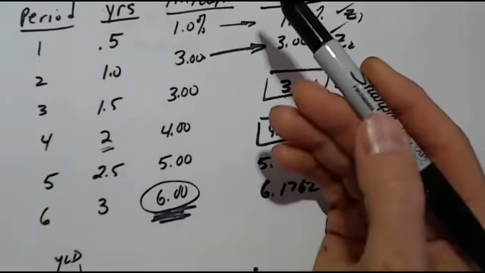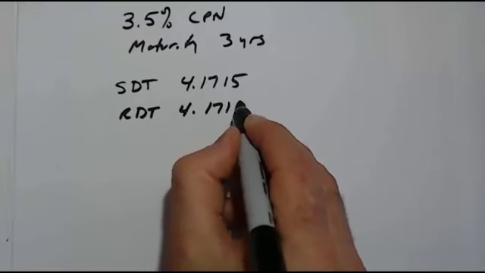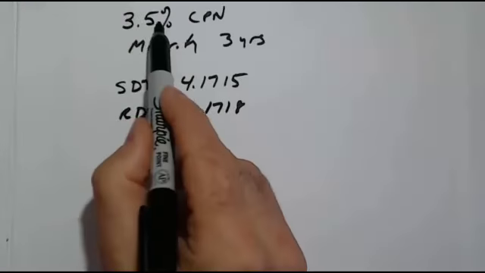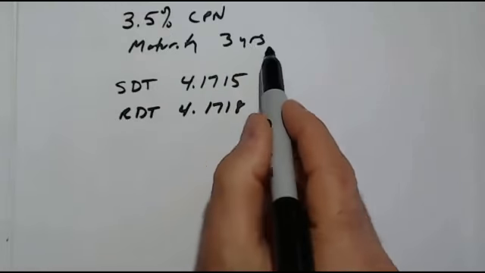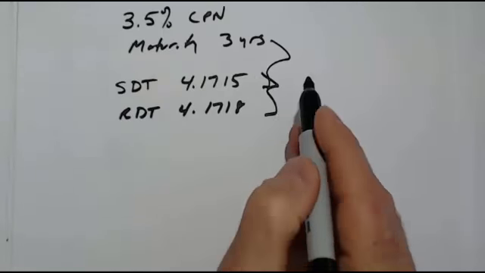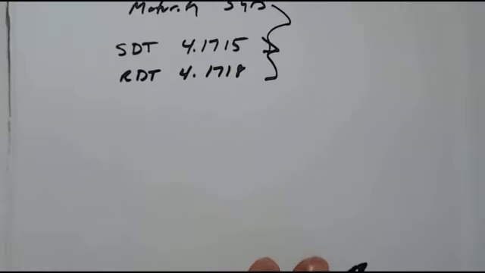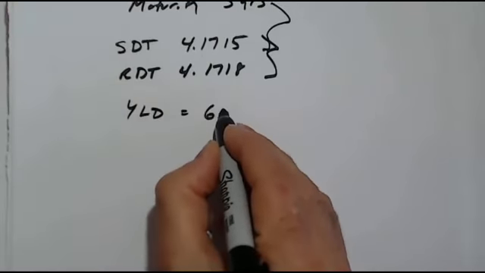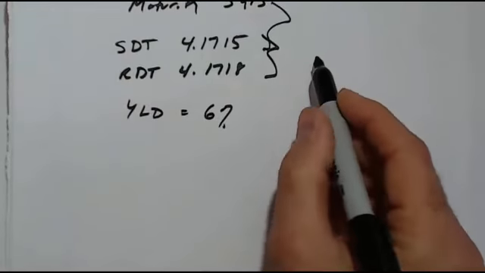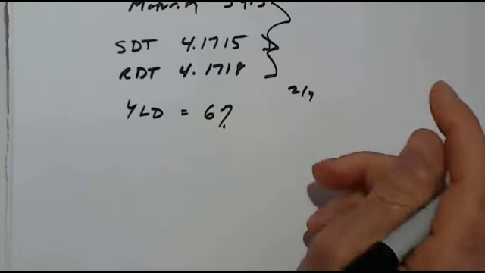The redemption date will be 4.17.18. The coupon is 3.5%. Maturity, as you can see, is 3 years there. The yield will be 6%, actual, and 2 per year like I did before.